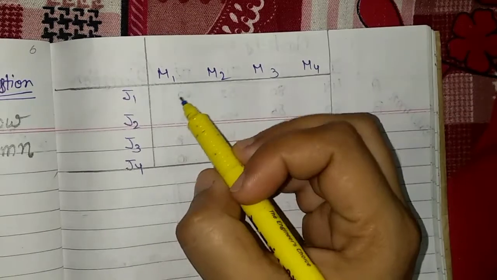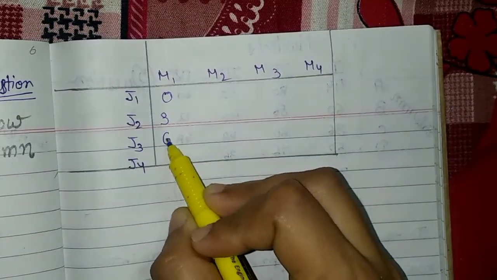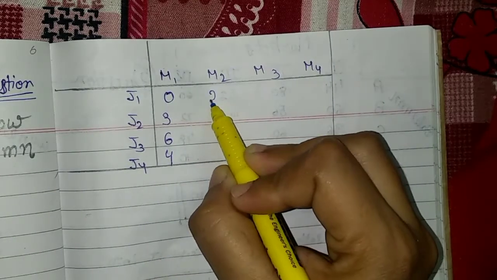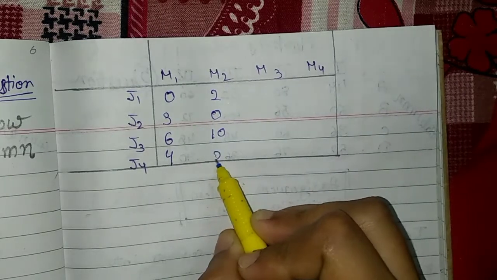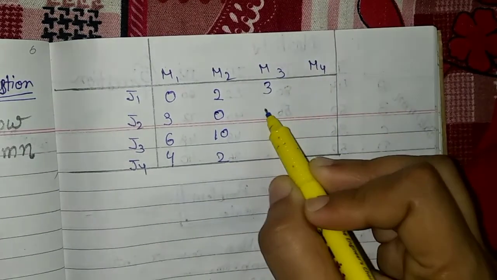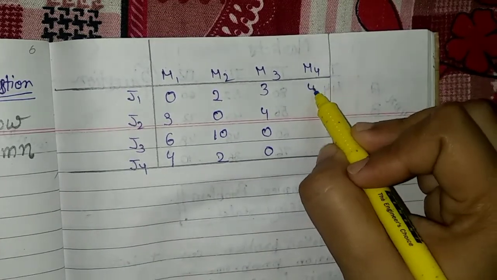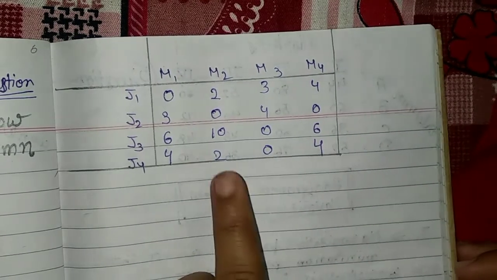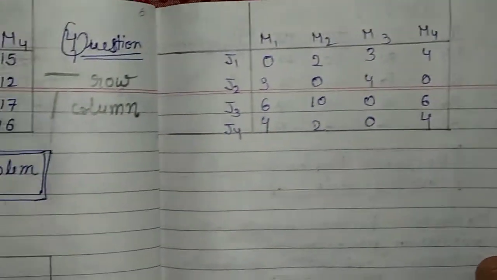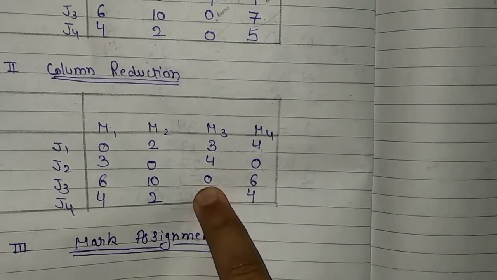Like 0, 3, 6, 4, 2, 0, 10, 2, 3, 4, 0, 0, 4, 0, 6, 4. We copy same table of column reduction in make assignment.